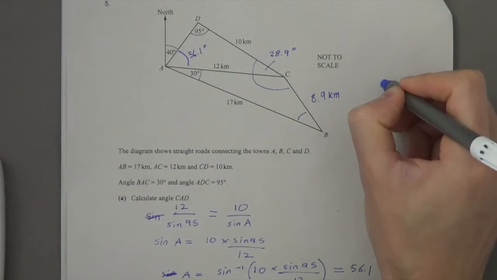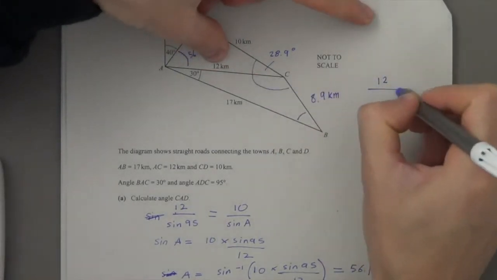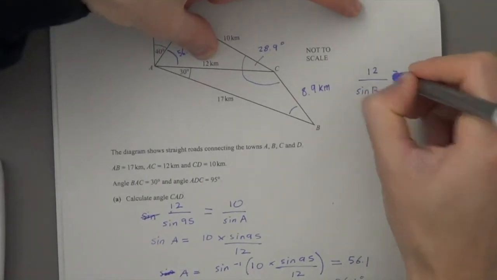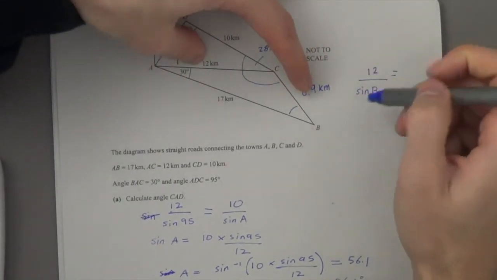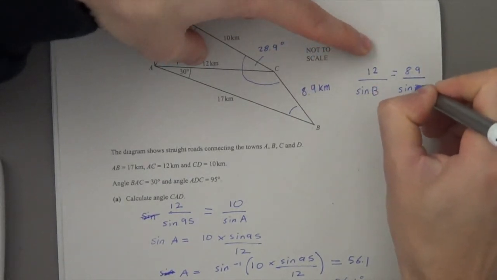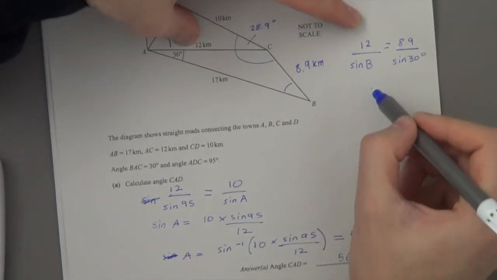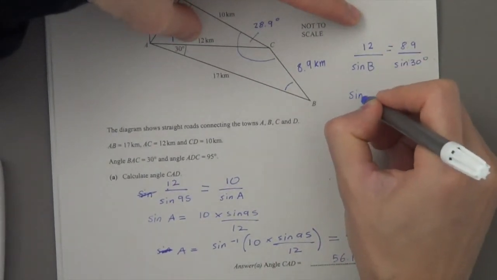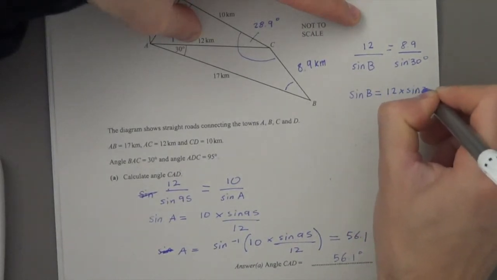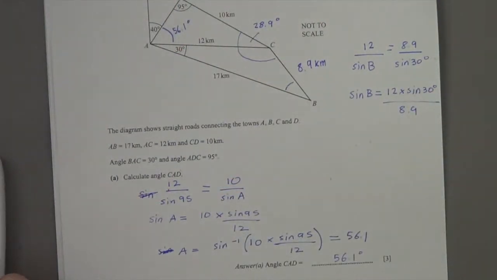So that's going to be 12, remember opposites, 12 over sine B is equal to 8.9 over sine 30. I'm going to make sine B the subject, so sine B is equal to 12 times sine 30 over 8.9.